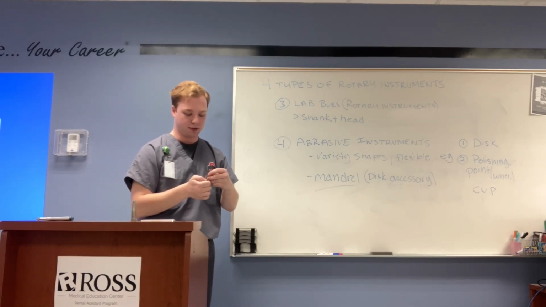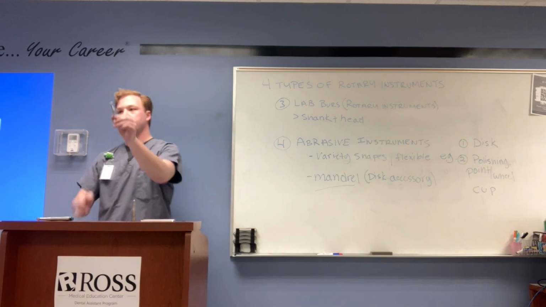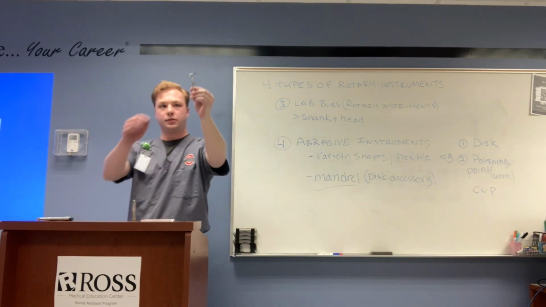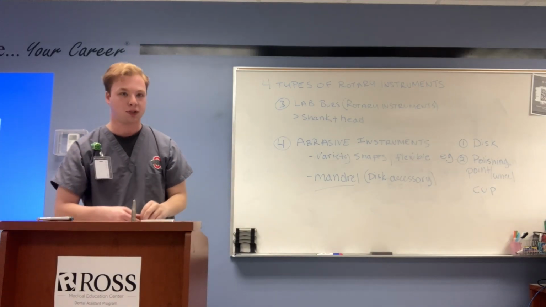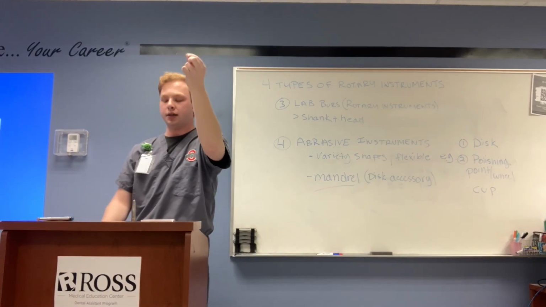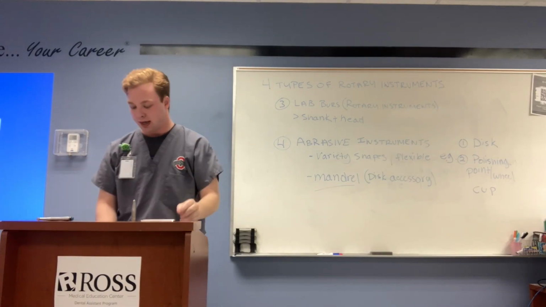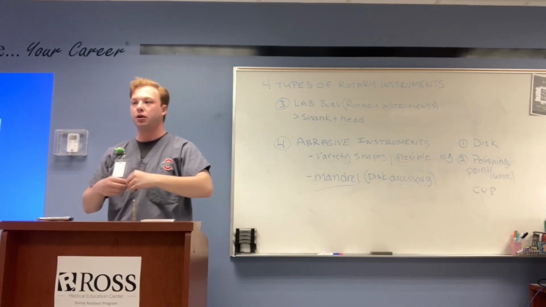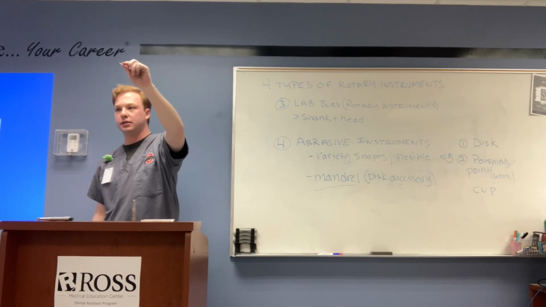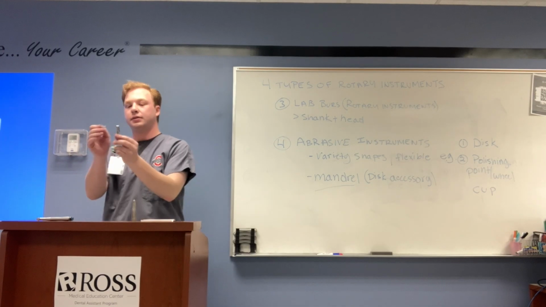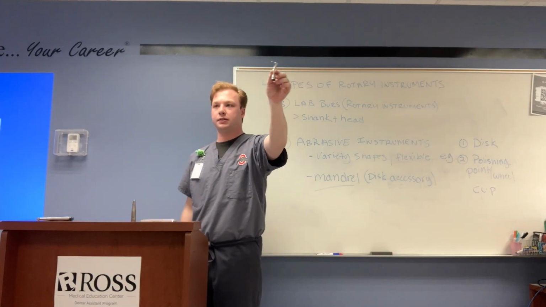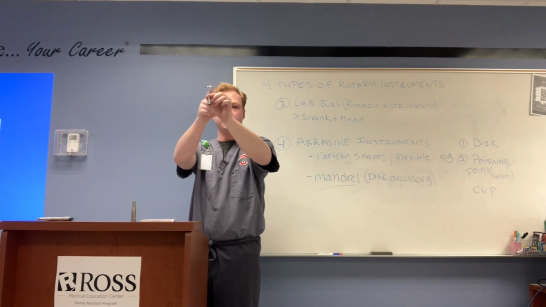You guys see how that's arranged? So on its own, if I'm using a polishing disc, that can't go on the handpiece by itself. I need that extra part called a mandrel, an accessory, so I can put that disc on it and then insert it into the handpiece. Does that make sense? So this little metal part is called a mandrel.